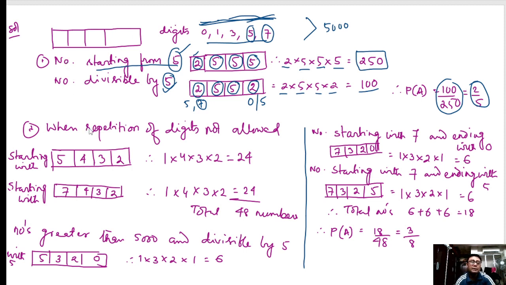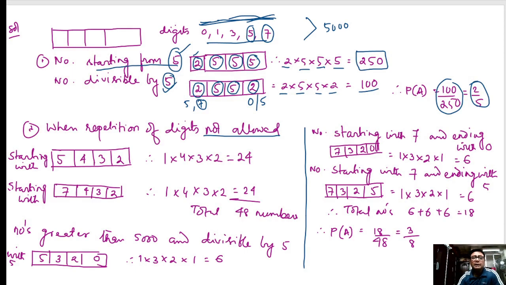Now they are telling that you cannot repeat the digits. It should be greater than 5000 and divisible by 5, but you cannot repeat the digits. 4-digit number. Okay. So first of all, how many 4-digit numbers can I make greater than 5000?